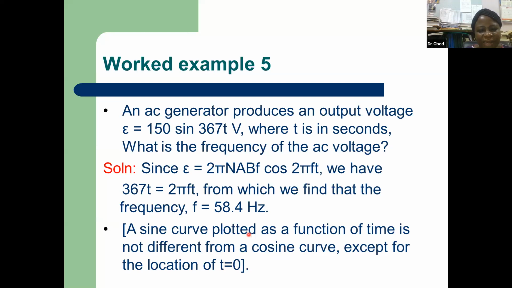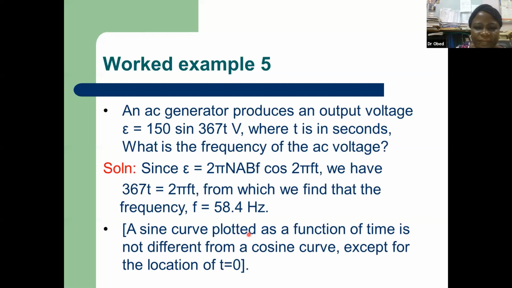So you can try it and see whether your solution is the same as this. This is not detailed, but it's just a hint for solving the problem. A sine curve plotted as a function of time is not different from a cosine curve, except for the location of t equals 0.